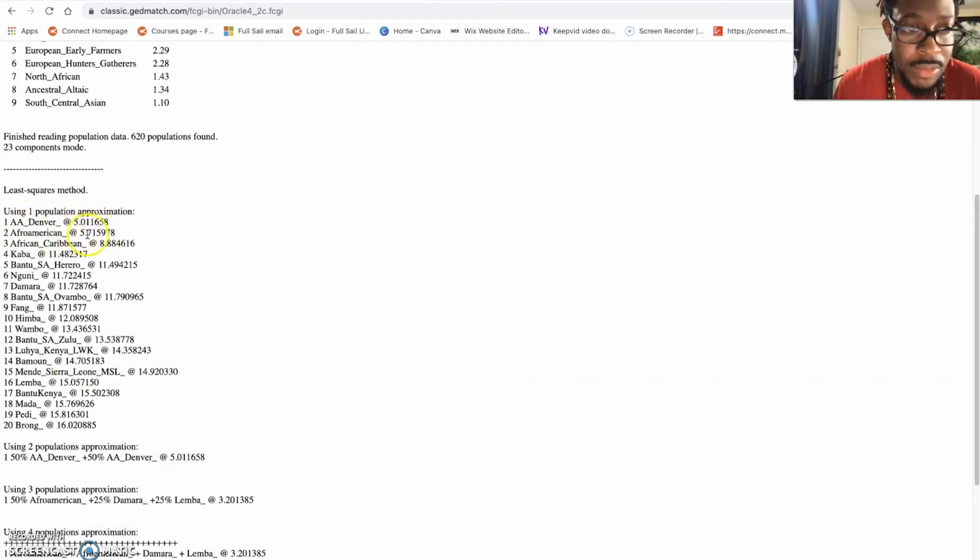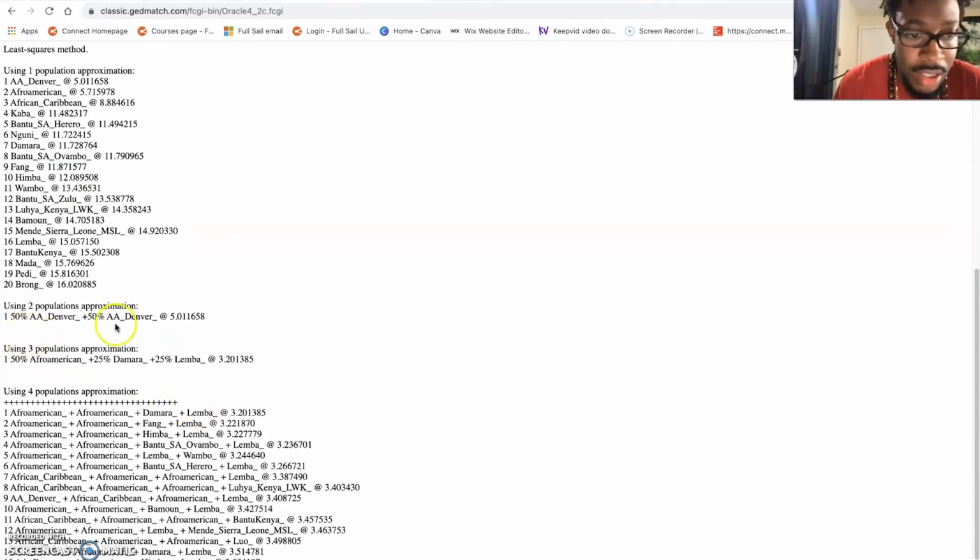African American Denver 5.0. African American 5.7. Caribbean 8. That's using one population. That is pretty low. That is pretty good. I like these results right here. Using the third population, African American, Damara. Okay, 25% Limba.